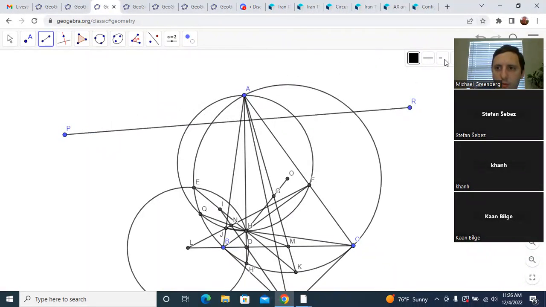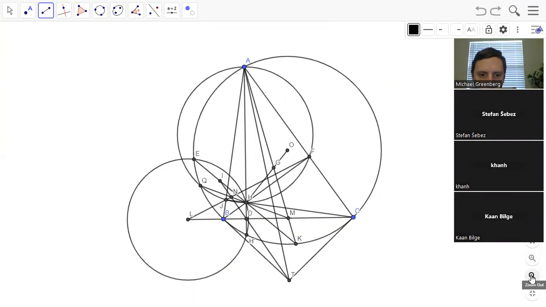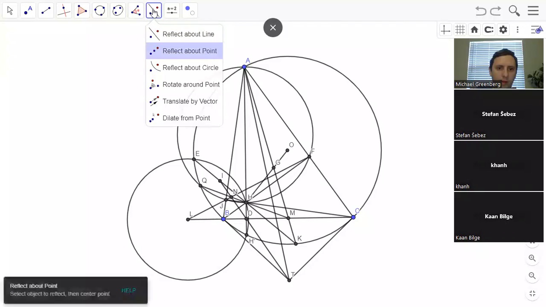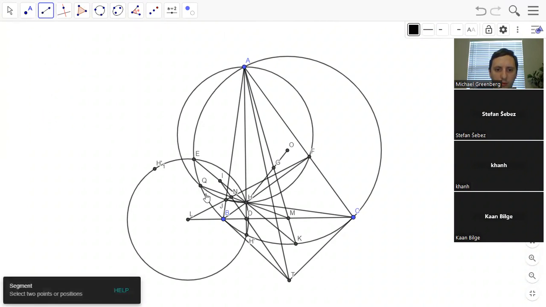So we want to show QI and G are collinear. I wonder if, so if we reflect H about Q, then I think we should be able to show it lies on this circle.